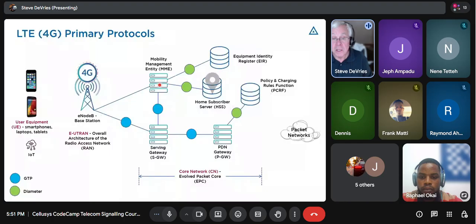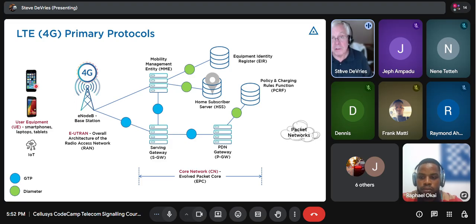So what happens is, once this device sends a Diameter message here, hey, here's a new mobile in my network, the HSS is going to say, I want you to set up a data pipe to the internet. So it'll come down here and say, I want you to set up a data pipe here to the internet. And it does. It sets up a data pipe here. The next thing it does is set up a data pipe here.